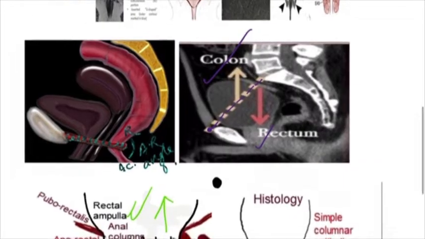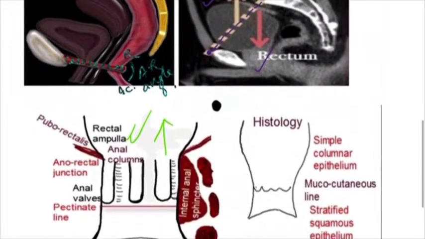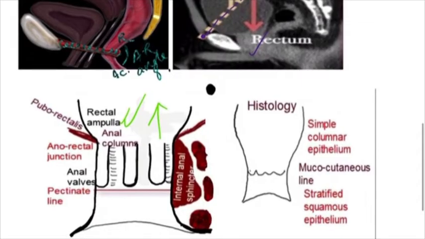Now the basic gross anatomy of the rectum. In the mucosa of the anal canal lie the longitudinal ridges. The lower end of these ridges have semilunar valves.